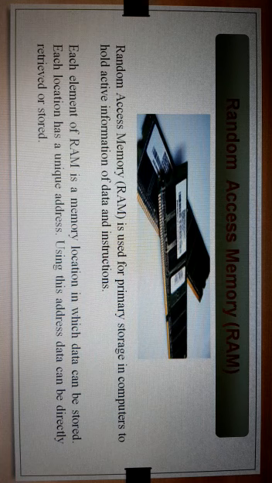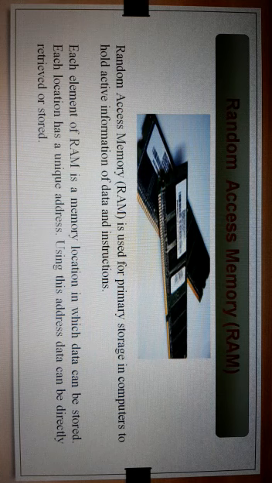Because the stored element in the ROM will not be erased even if the computer is switched off, because the information and instructions are stored in ROM by the manufacturer during chip making, and the instructions are written electronically, so the stored information in ROM is not erased.